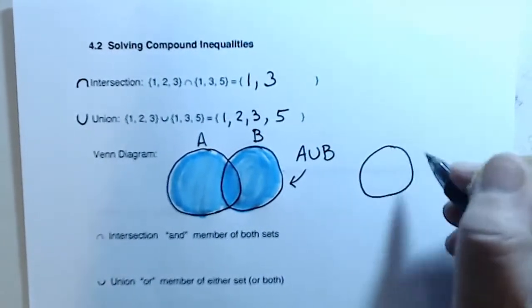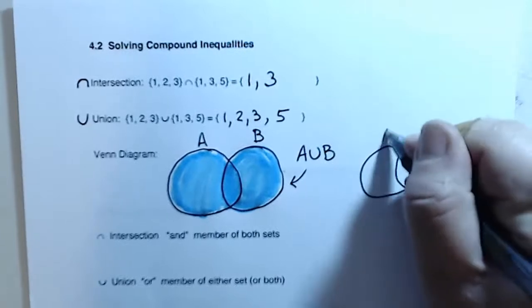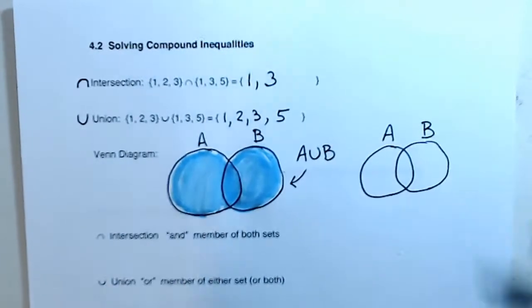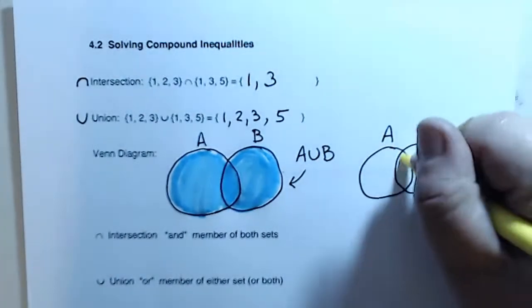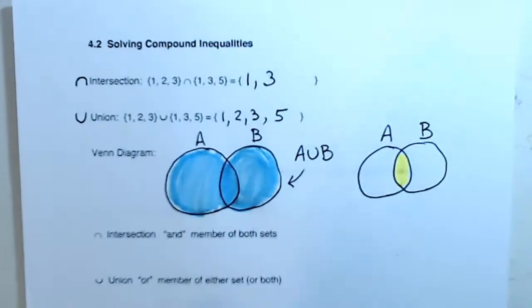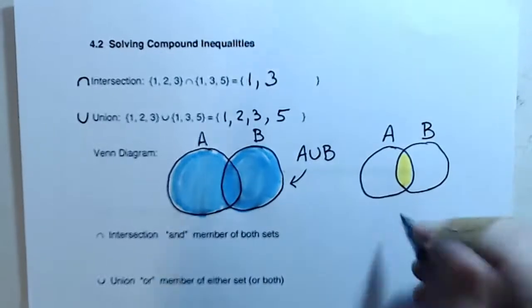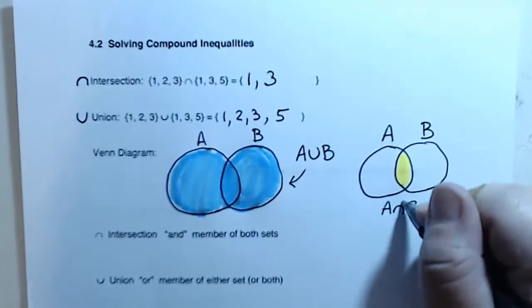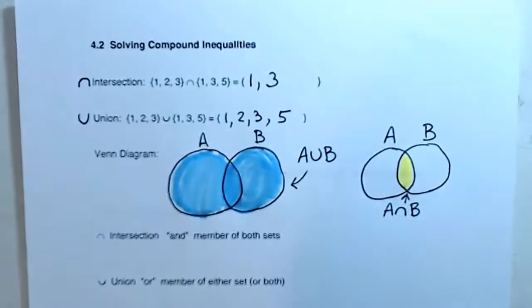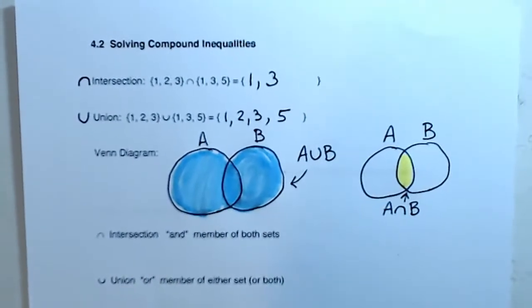If, on the other hand, I call this set A and this set B, then in yellow, I look at that overlap between them. That is going to be the intersection of A and B right there. So that's the distinction between the two.